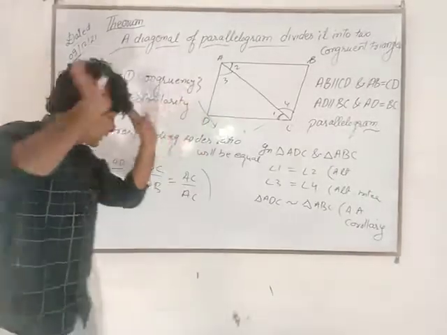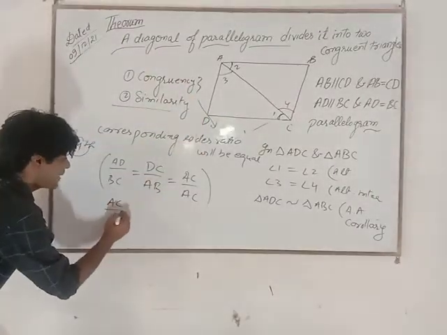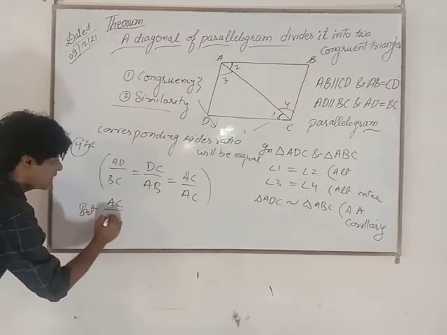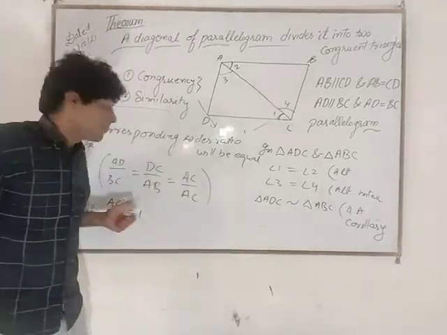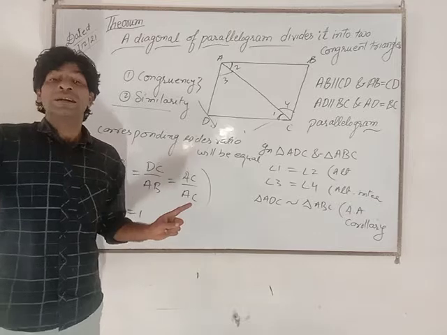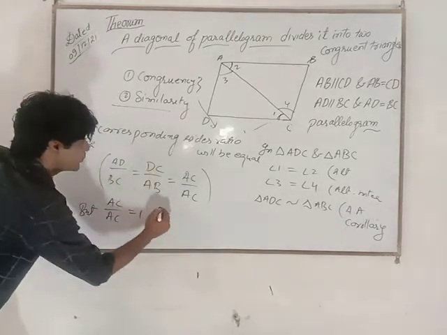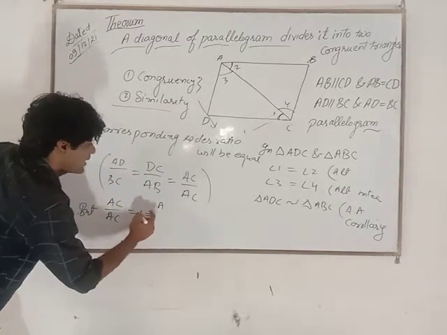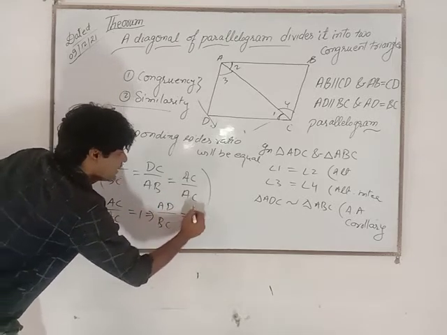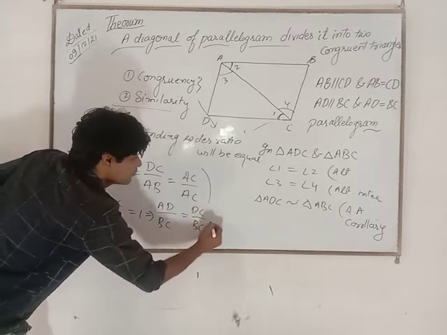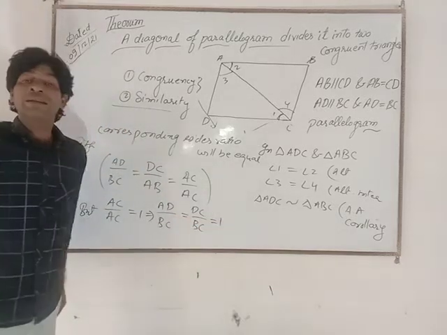But now see, AC by AC is equal to 1. It means that AD upon BC and DC upon AB also will be equal to 1.